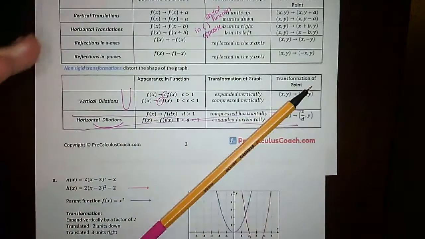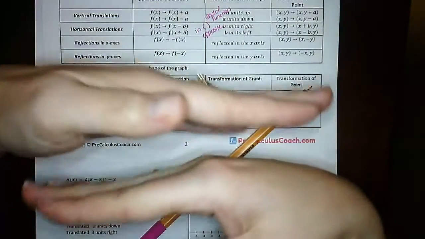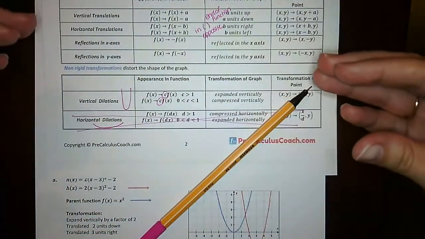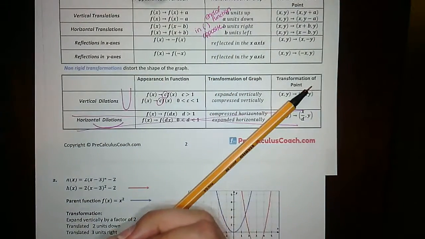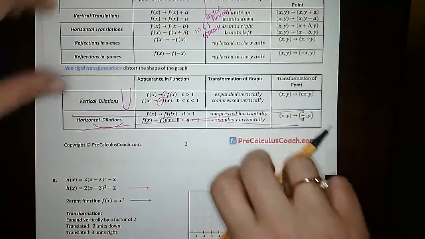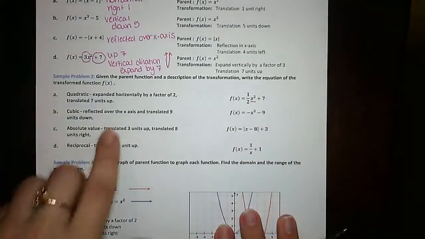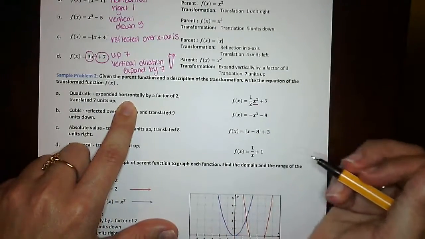Okay, so I think about it like, if I have Play-Doh and I smush it, what happens? It gets fat. And then if I stretch it out, it's going to get skinny. So you think of it the opposite way. So for this problem, it says it expands horizontally, meaning it's going to shrink vertically.